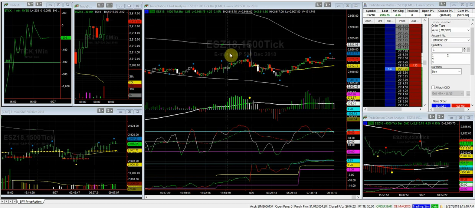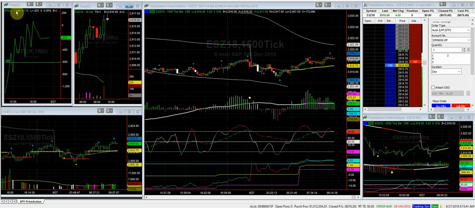In addition to these primary indicators, over here we're going to use the 30-minute chart of the E-mini, and we have a color-coded volume bar here. These color codes mean something in the process.com indicator scenario.